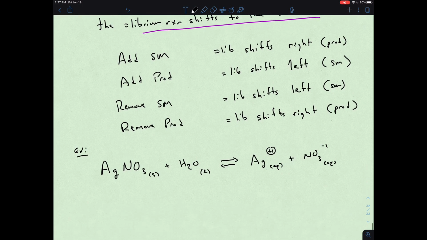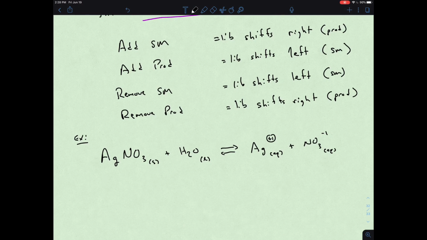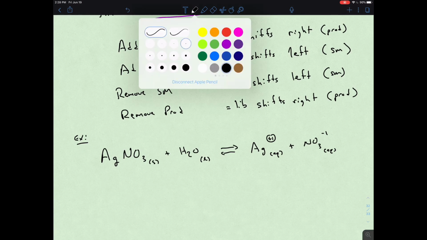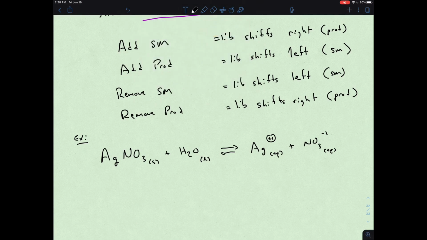So here's an equilibrium reaction. And so I could add a couple of things here. Like, for instance, if nitric acid is added to the reaction.